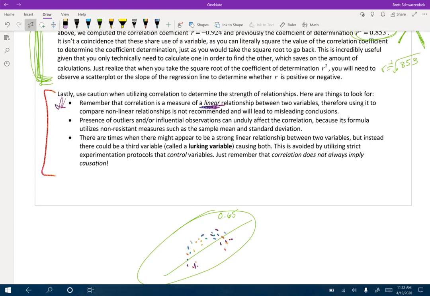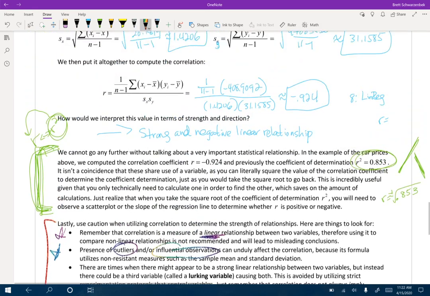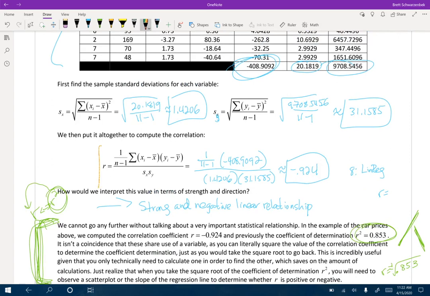Okay, so next. The presence of outliers or influential observations can have a very impactful result, essentially. Why? Well, think about this for a second. Look at the formula for correlation. What is it using? X bar, Y bar, standard deviation, standard deviation. We know that these are non-resistant measures.